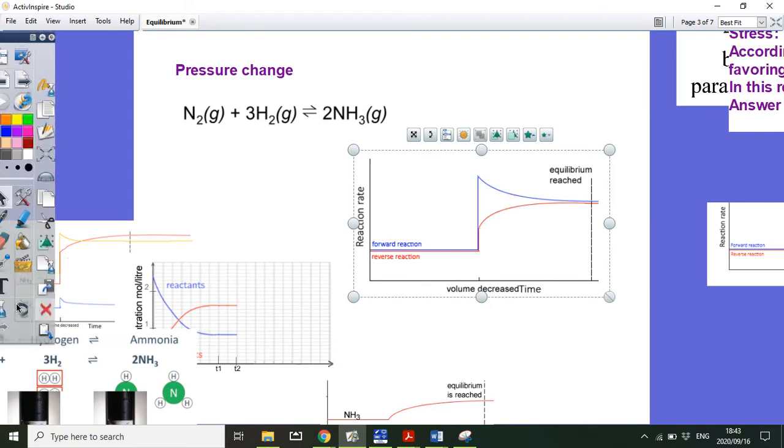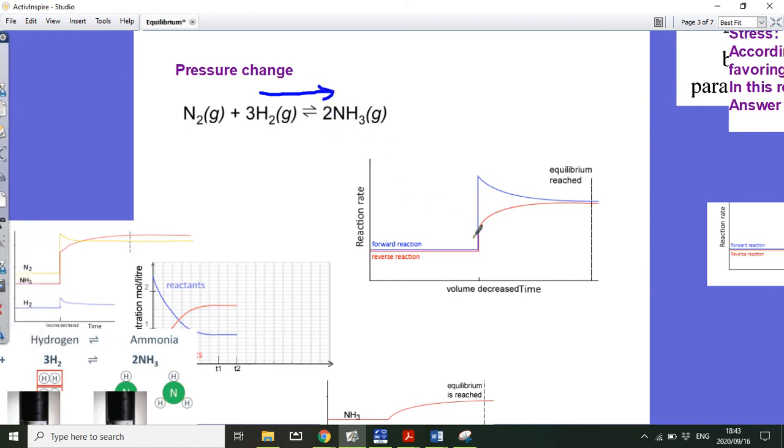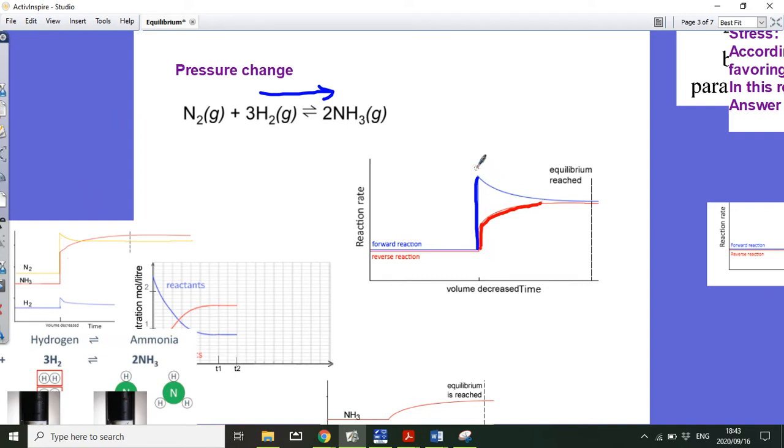And then you look at which one will go up more. We said the forward reaction was favored because it's giving us fewer particles. So the forward reaction will go up more than the reverse reaction. And then once they're there, they reach their happy equilibrium again.